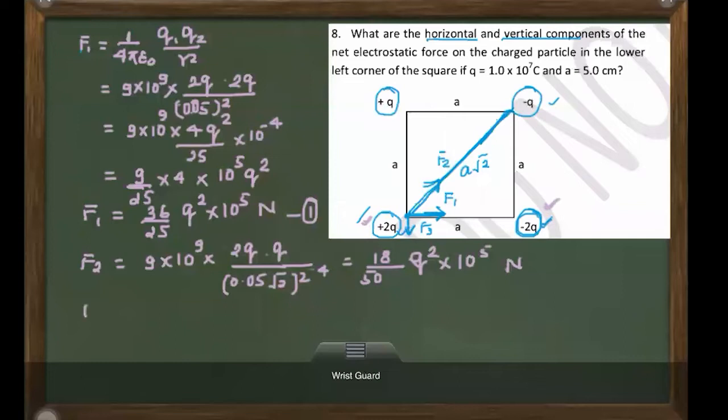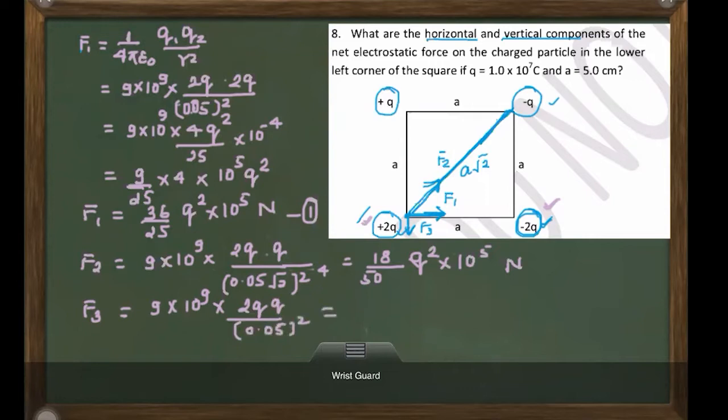And again, when we calculate F3, the value of force will be 9 into 10 raised to power 9 into 2Q into Q divided by 0.05 whole square.